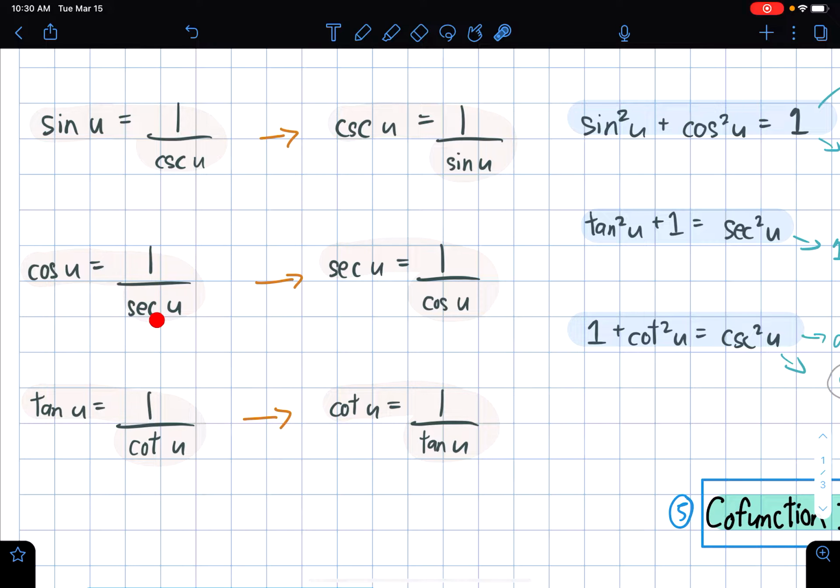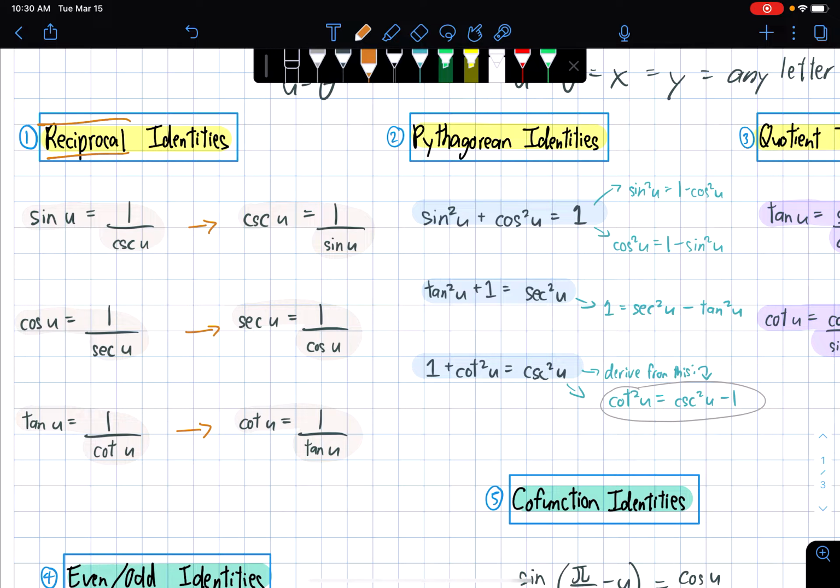You can know that these identities are reciprocal because, literally from the word reciprocal, you reciprocate. So what used to be 1 over cosecant theta is now cosecant theta. What used to be secant theta is now 1 over secant theta, if it's equivalent to cos theta.